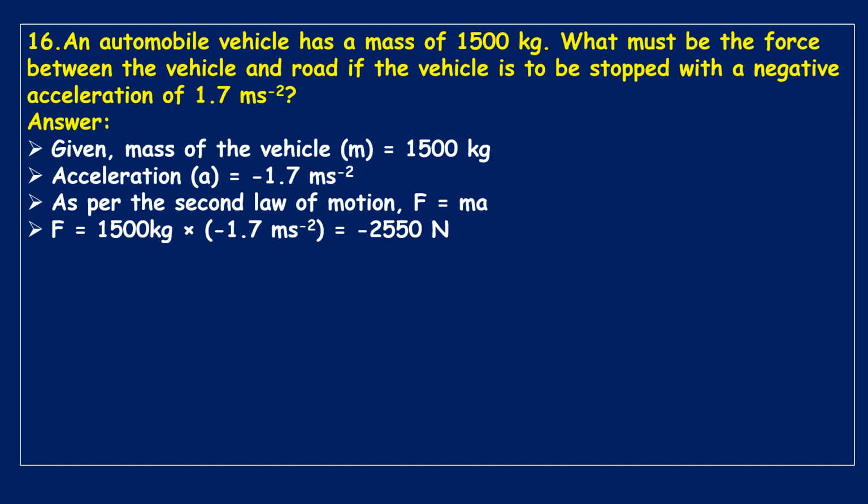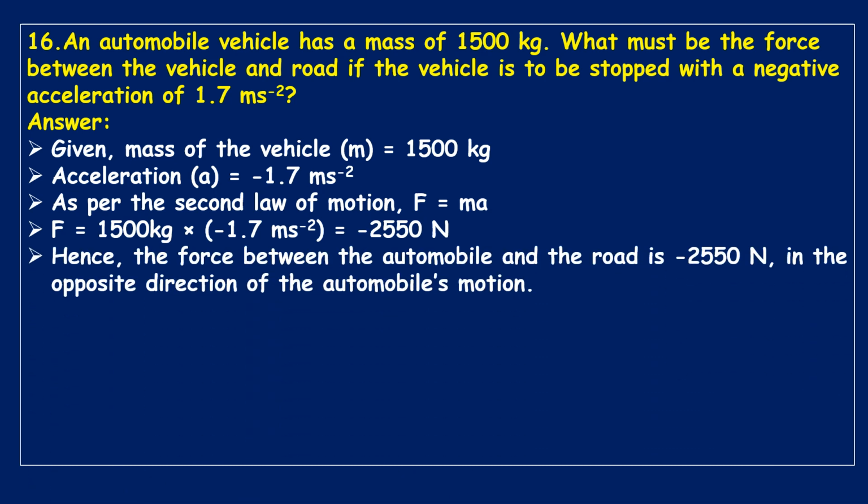To attain that acceleration, what is the force that we have to apply? Hence, the force between the automobile and the road is negative 2550 newtons, in the opposite direction of the automobile's motion. Opposite direction, right? This is the way.